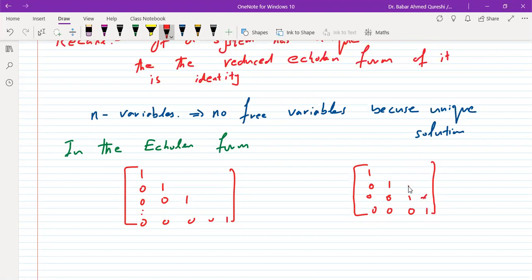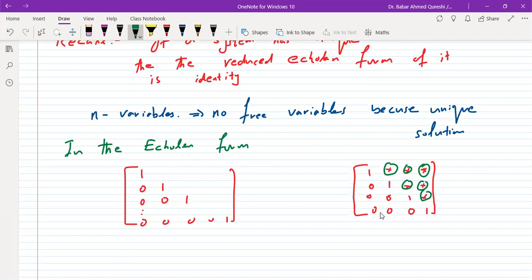Because of the very property that there are no free variables. A free variable would mean that I'd have some extra 0 in some row. So when I go to the reduced echelon form, I start subtracting upwards. And since I don't have an extra 0 in any row, I will be able to eliminate all the zeros up over here, all the zeros up over here, and all the zeros up over there.